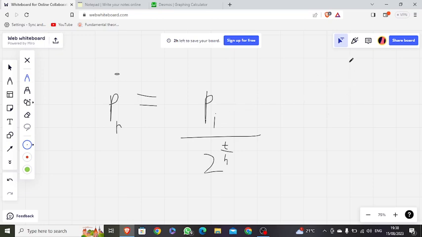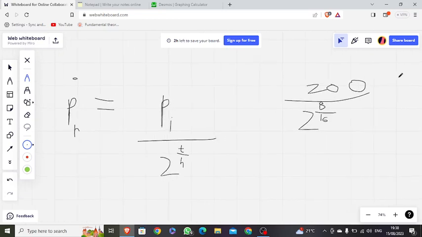So that would be 200 over 2 to the power 16 over 8.